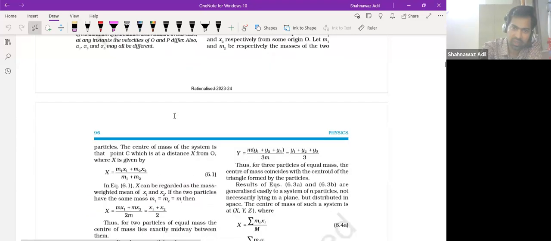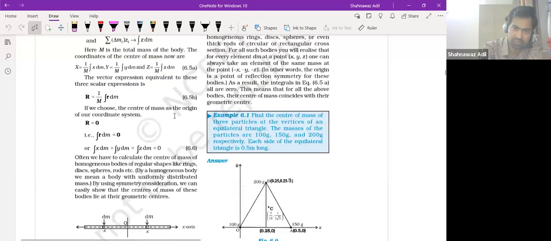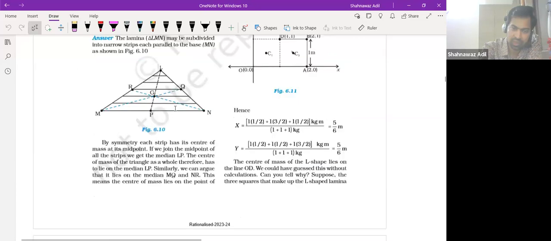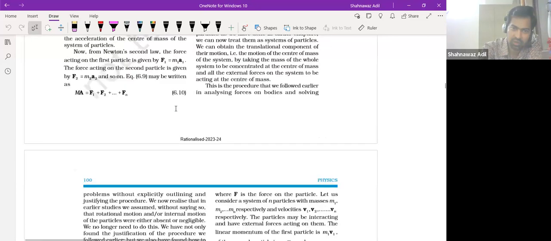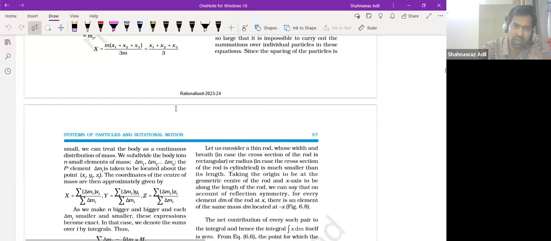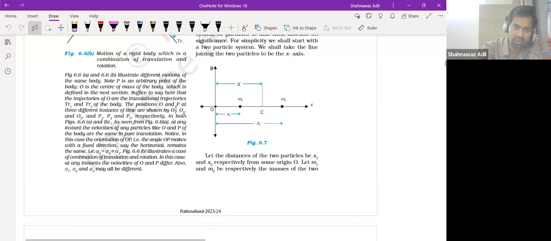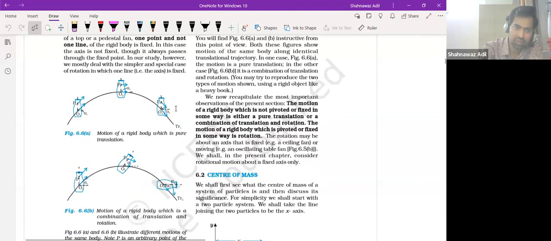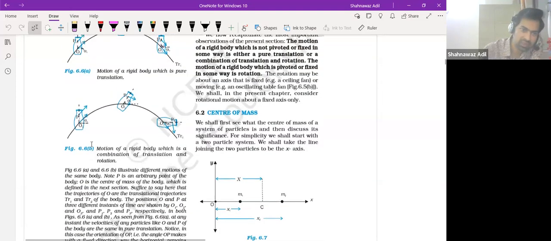We can also see from here, you have this object and its position is changing. It is rotating in this way, so in this case the axis of rotation is not fixed.